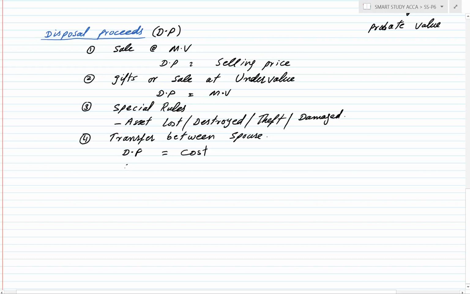So it means there will be no gain. If we have sold an asset at cost, obviously there will be no gain, no loss. In these cases, we are going to ignore actual selling price of the asset.